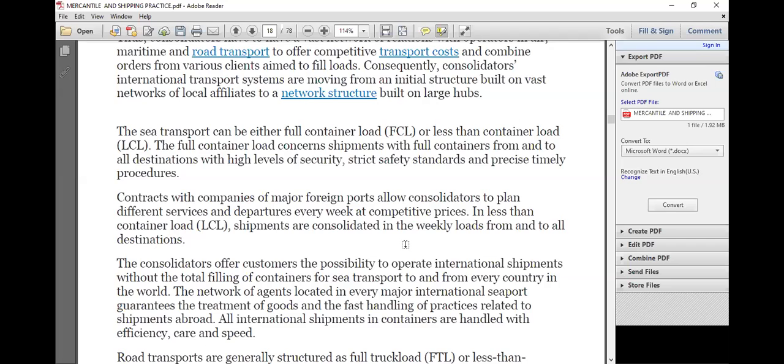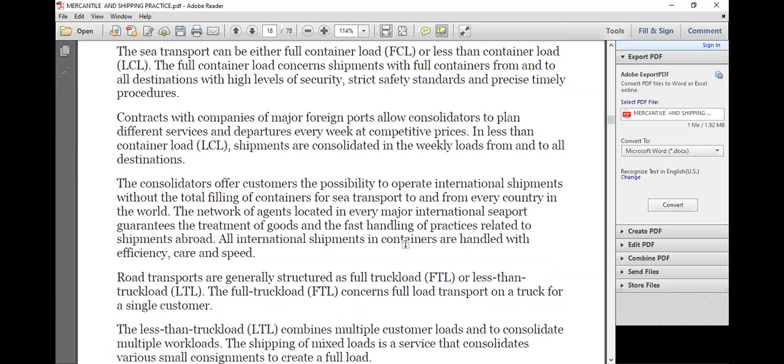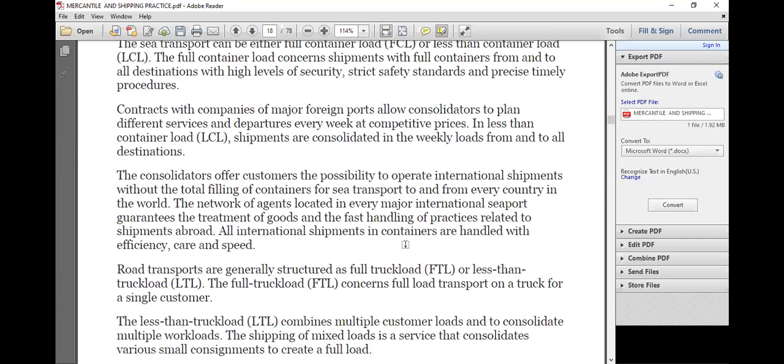In less than container load, shipments are consolidated in weekly loads to and from all destinations. So the consolidators offer customers the possibility to operate international shipment without totally filling containers for sea transport to and from every country in the world.